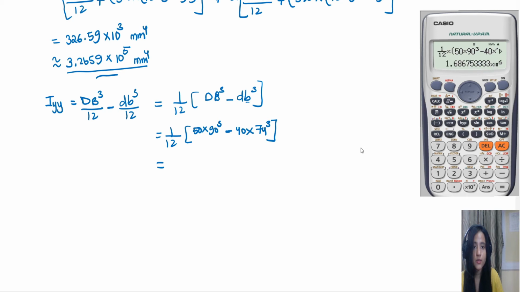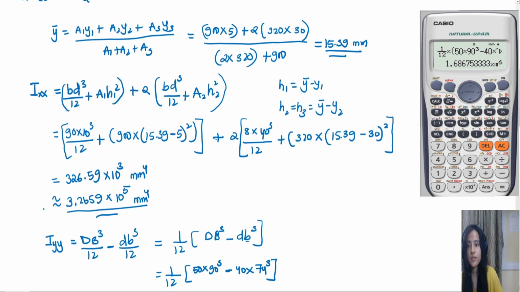I'm getting this equal to 1.69 into 10 raised to power 6 mm raised to power 4. So this is my moment of inertia about Iyy.